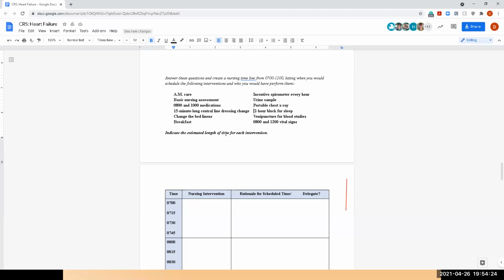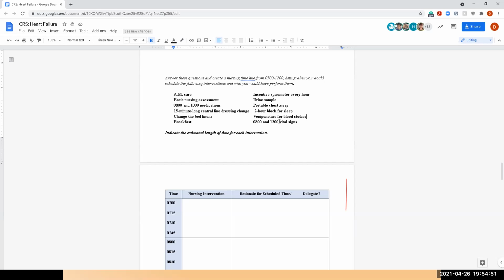But some of this other stuff, you could probably hold off venipuncture for blood studies unless it's something specifically that the doctor has said, no, I need it now, which a lot of times they do need in the morning. So you may have to get the lab to come up before you put the sign up on the outside of the door saying don't disturb, right?